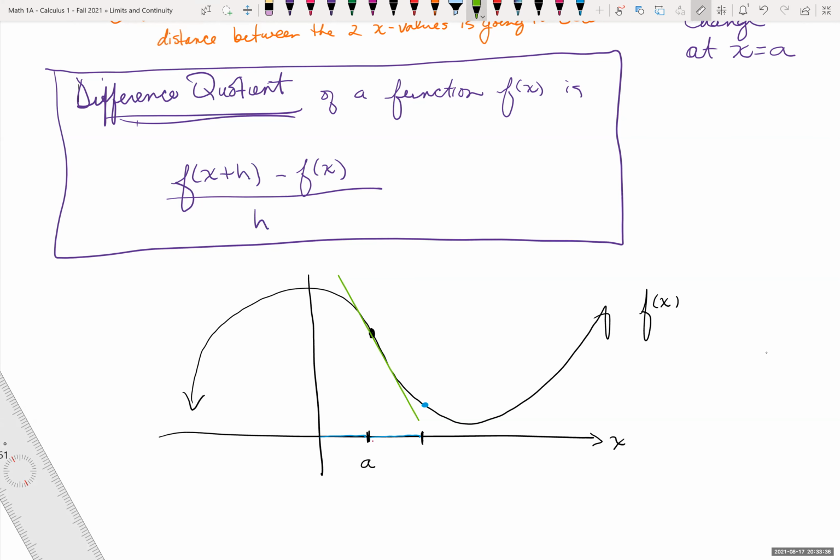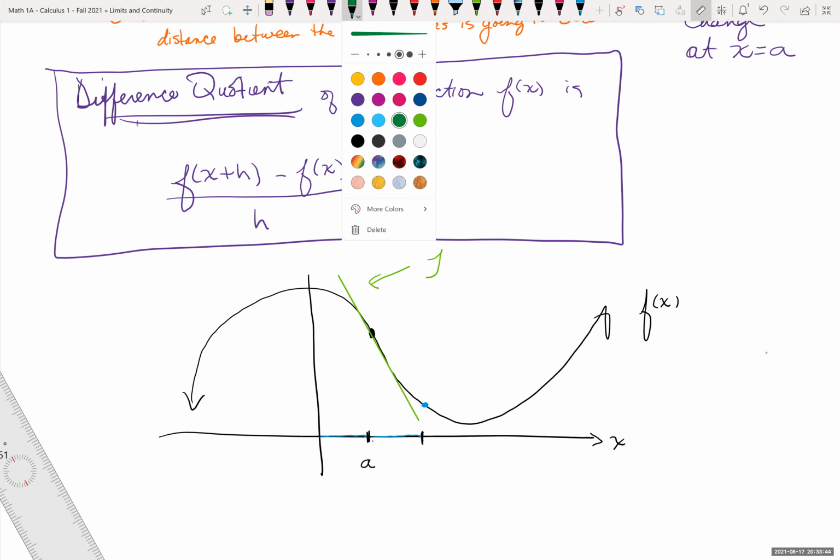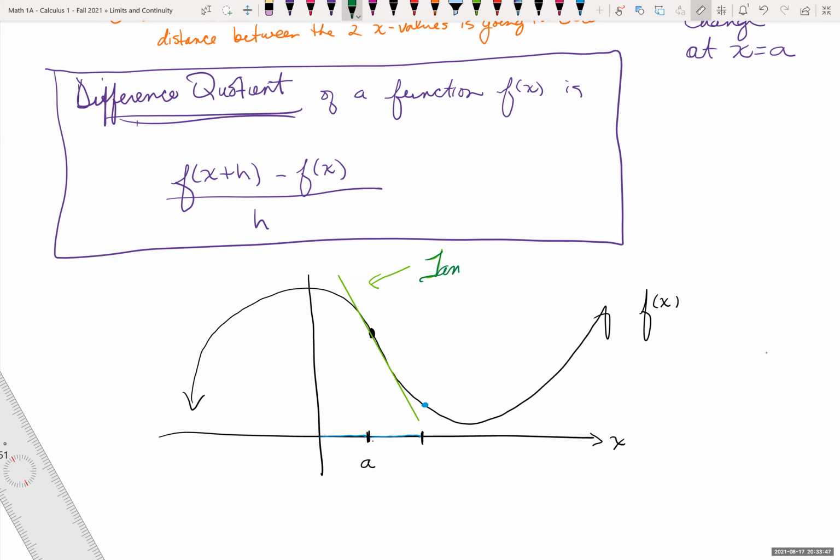So this is the tangent line. Let's make that darker. And this has the slope, which is the instantaneous rate of change. And that's spelling right, instantaneous rate of change.